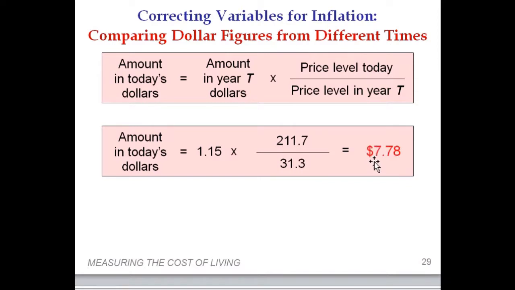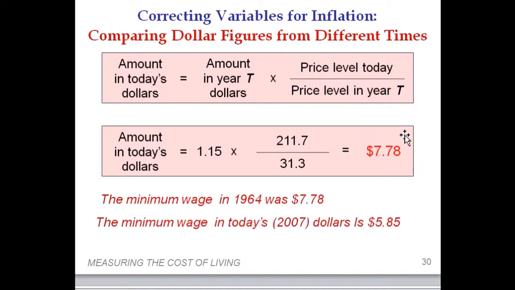So the result will be 7.78, which means that the minimum wage in 1964 had more purchasing power than the minimum wage in the year 2007, which is 5.85.